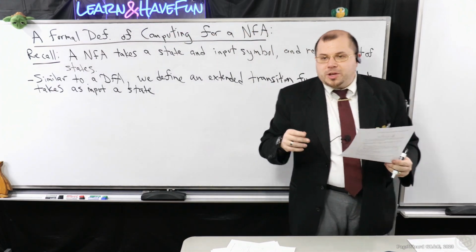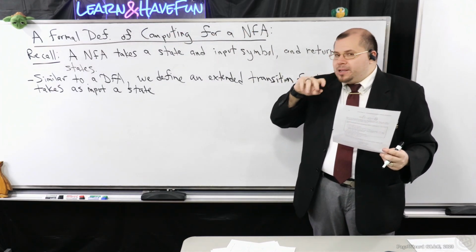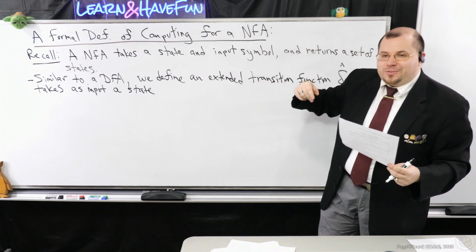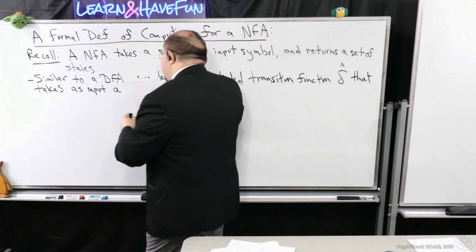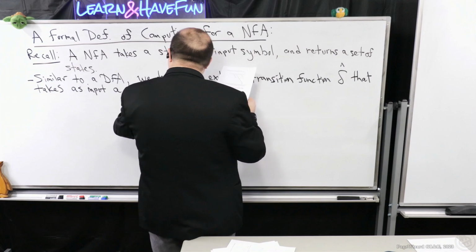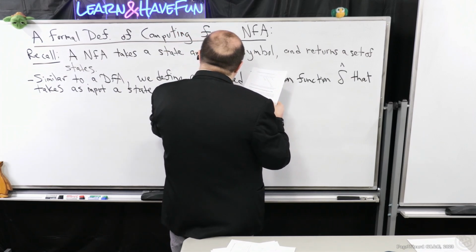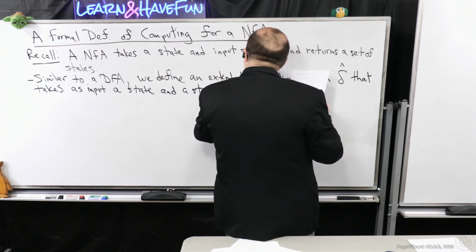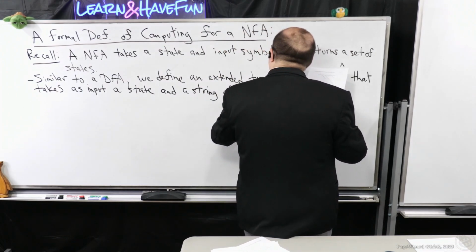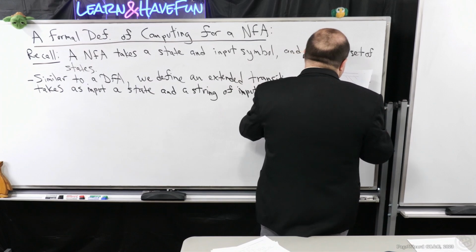So if you want to perform the computations of the NFA, you would put in the start state and then whatever string you want to process. Input a state and a string of input symbols.